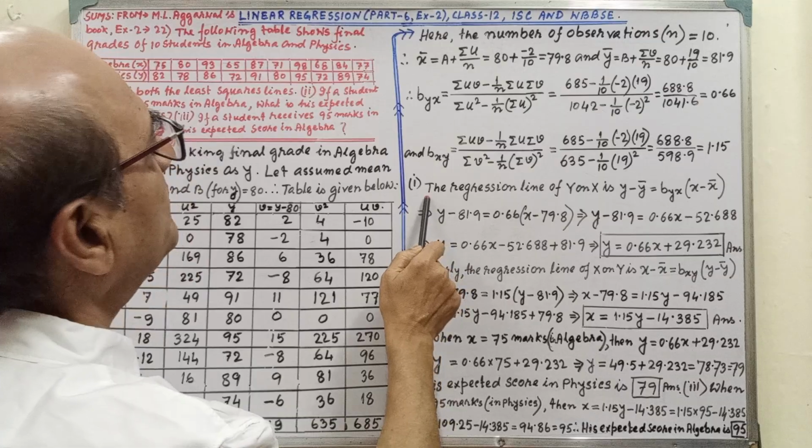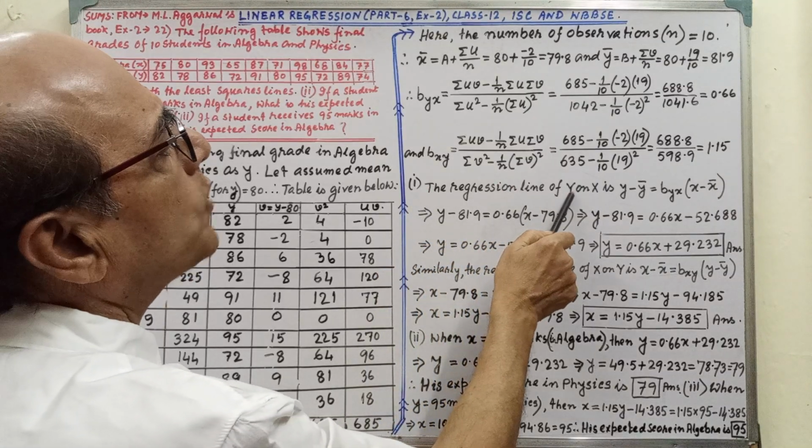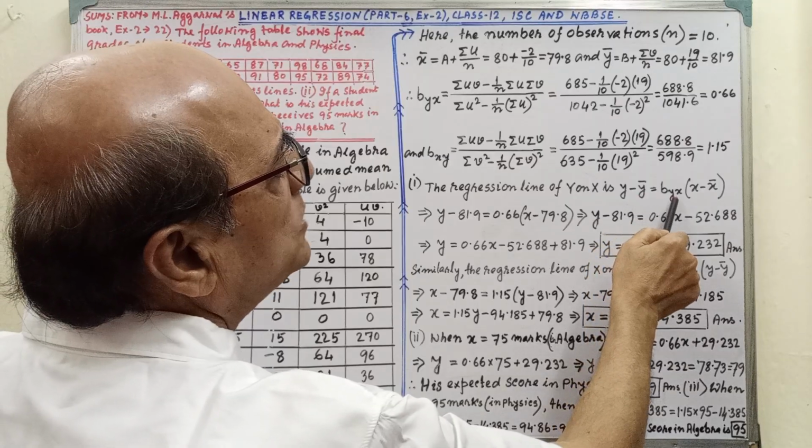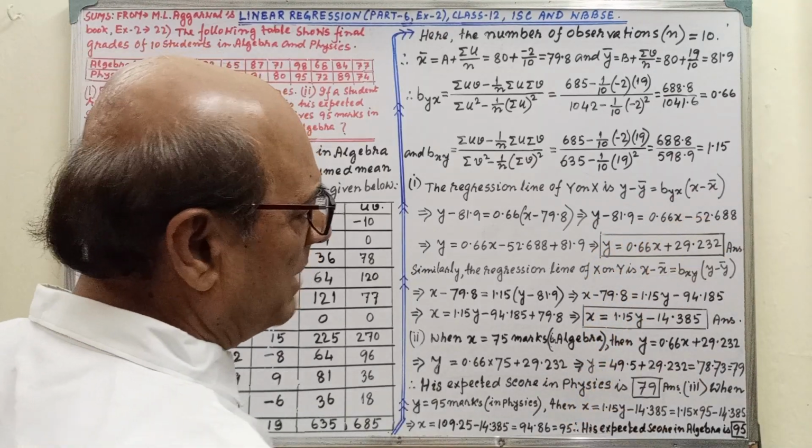Then we have to find out part 1, regression line of y on x. This is the formula: y minus bar y equal to byx into x minus bar x.